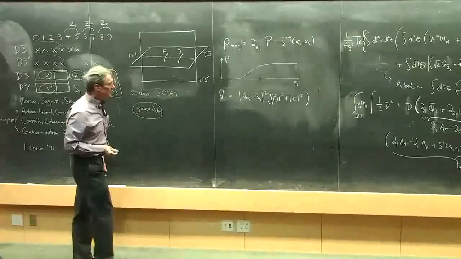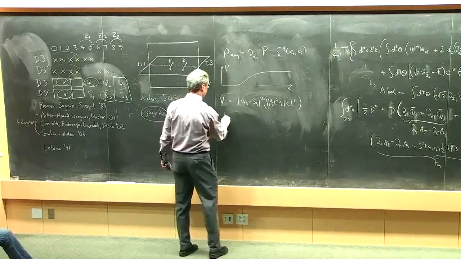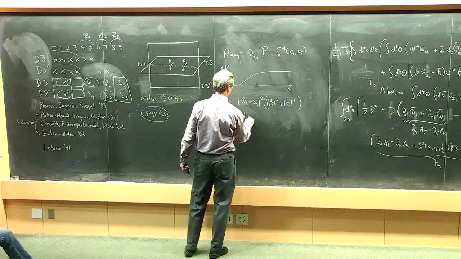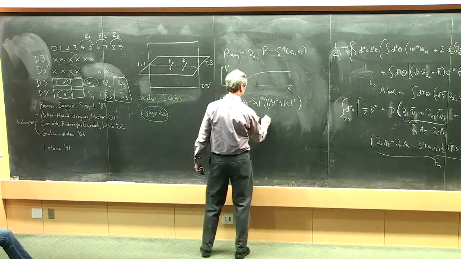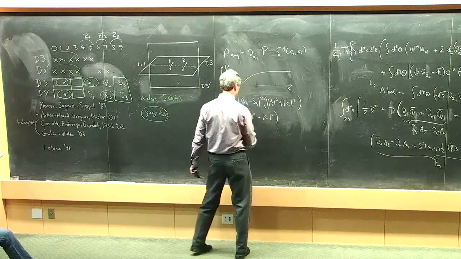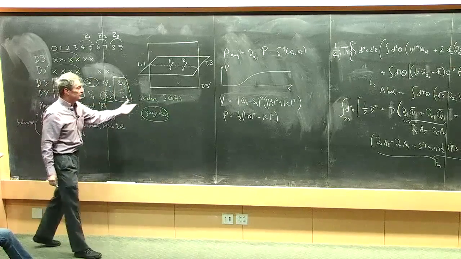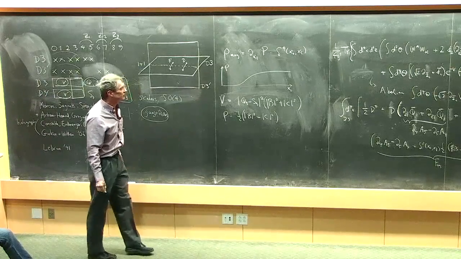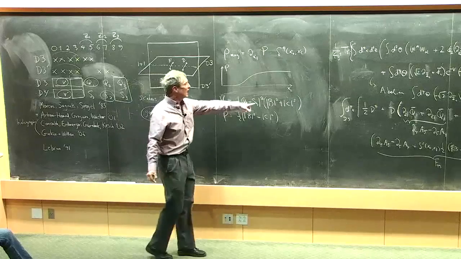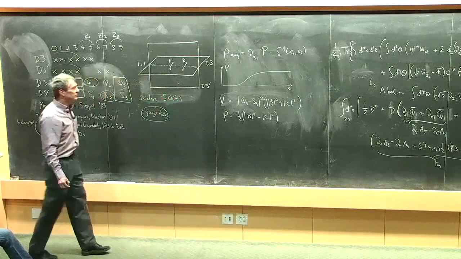We've got this potential. Again, P here is... and so now we have a problem, because we don't have the right kind of potential to produce any kind of kink soliton. It has a unique minimum at B and C equals 0.